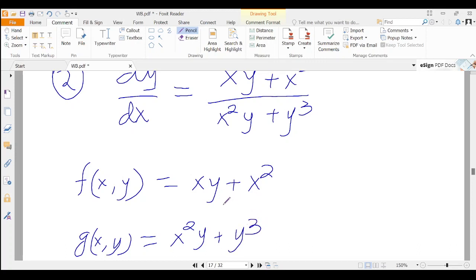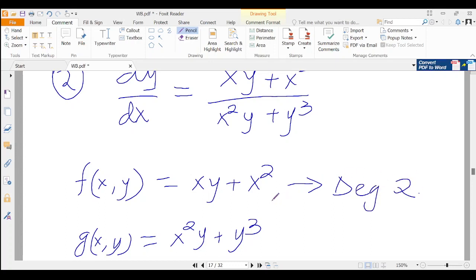If you look at the function f here, the first term has x to the power 1 times y to the power 1. If you add the powers for x and y, you get 2. In the second term, you have x raised to power 2, which is of degree 2. So the function f here is homogeneous of degree 2.